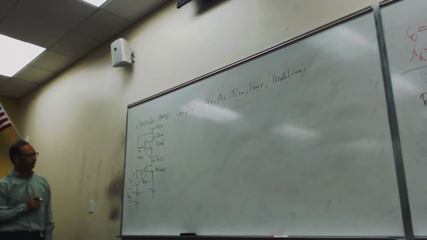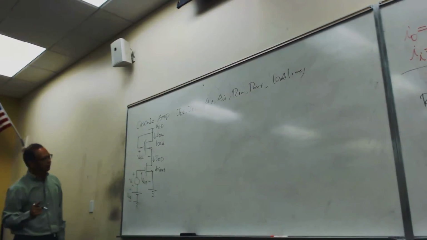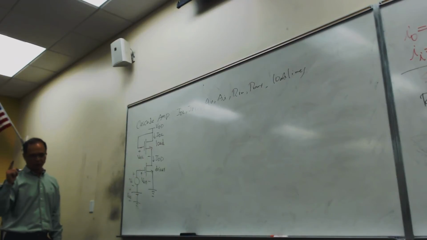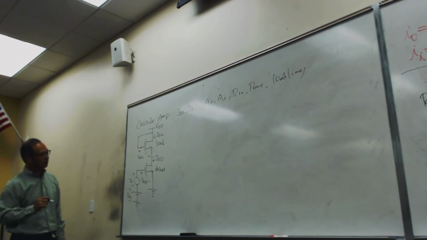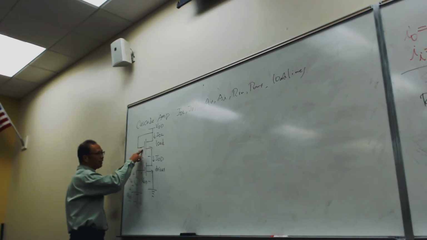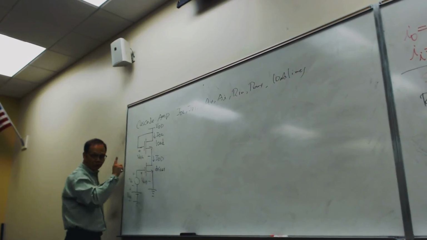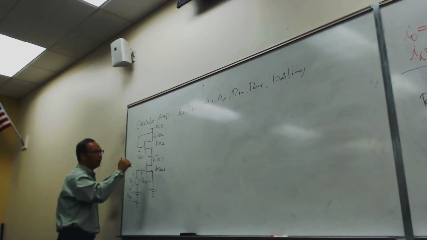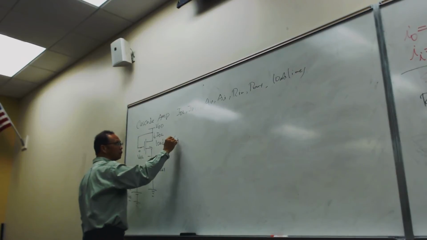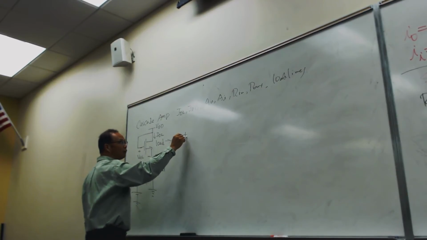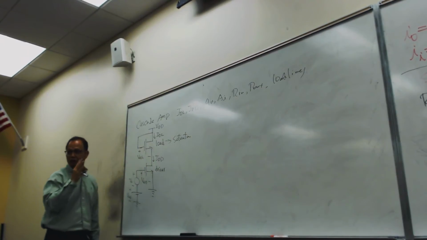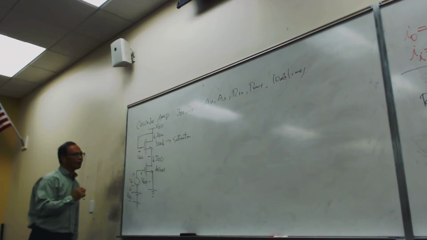Okay. First of all, you should know that, as we talked about last time when we did the circuit, whenever you have a gate connected to the drain, this is in saturation, right? So the load is in saturation. So you don't have to verify the assumption. Okay.